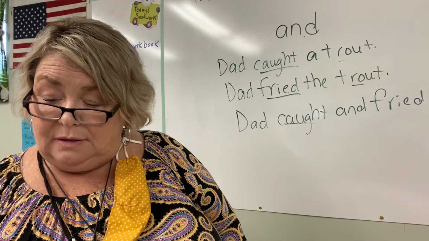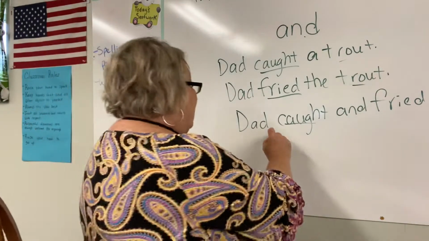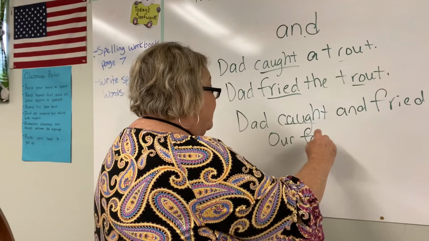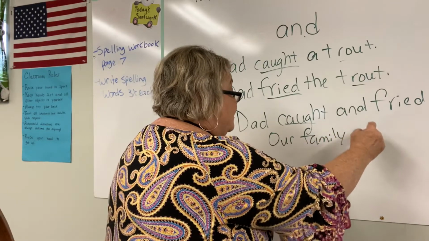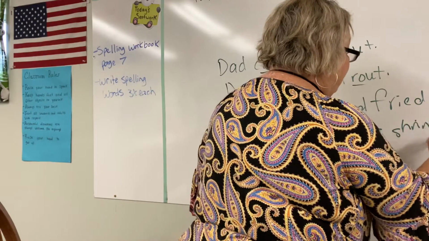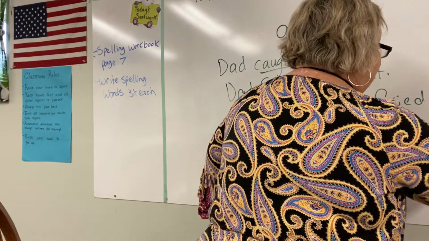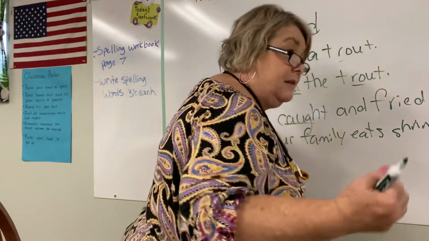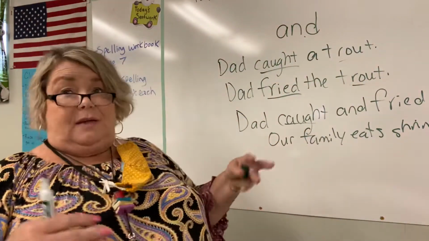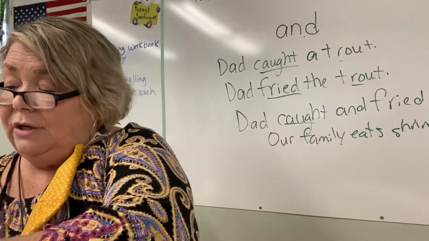Our family eats shrimp and lobsters. Very good. Our family eats, see that's the same in both, shrimp and lobster. Just combine the two things that can go with the same words with the word and.